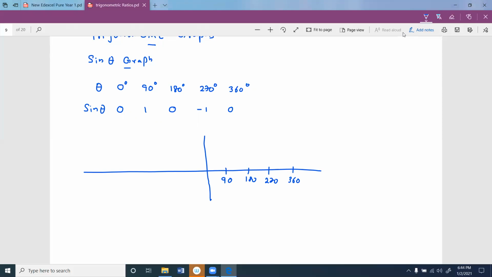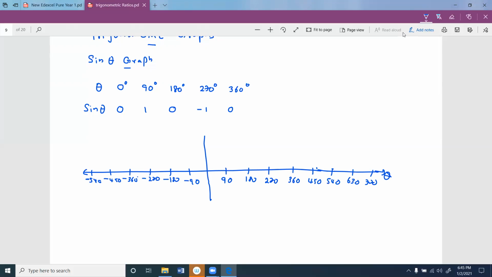Draw with a proper sequence. 450, 540, 630, 720. This is theta. And for the negative side, you can draw it too. The same sequence: minus 90, minus 180, minus 270, minus 360, minus 450, and so on. You can draw it for any range you need.